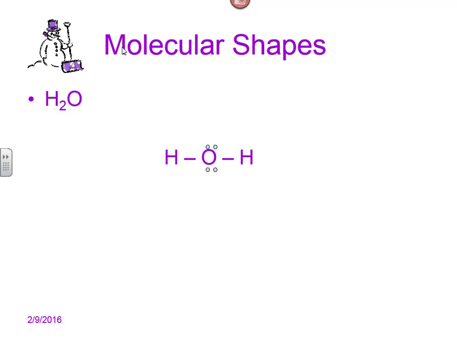What shape is this? Bent or V-shaped. And now that you're able to tell what the shape actually is, you could reflect that in your dot structure. So if you wanted to draw a more correct dot structure, you would have the oxygen kind of up or at an angle to your hydrogens. And this is actually a more correct or a better representation of what the molecule actually looks like than what we have on the screen.